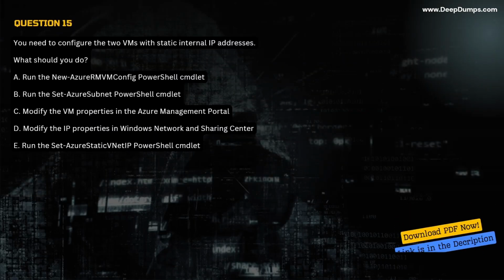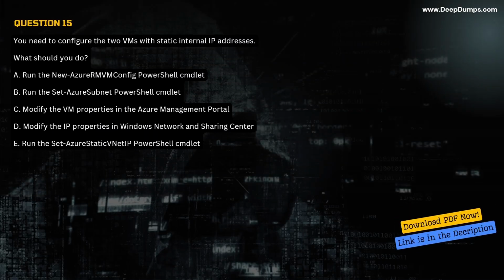Question 15. You need to configure the 2 VMs with static internal IP addresses. What should you do? A. Run the new Azure RMVM config PowerShell command. B. Run the set Azure subnet PowerShell command. C. Modify the VM properties in the Azure Management Portal.